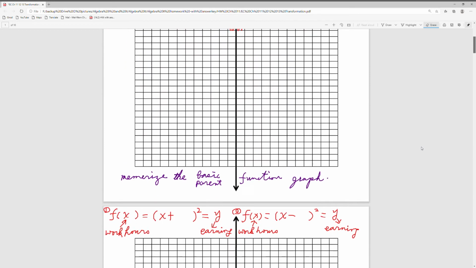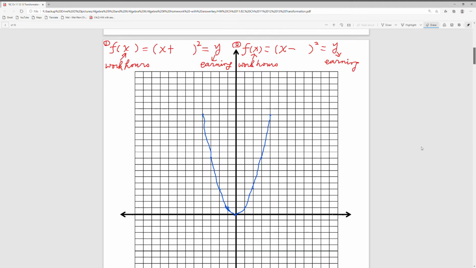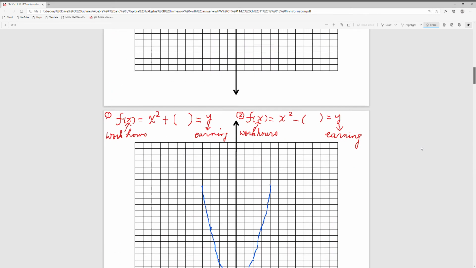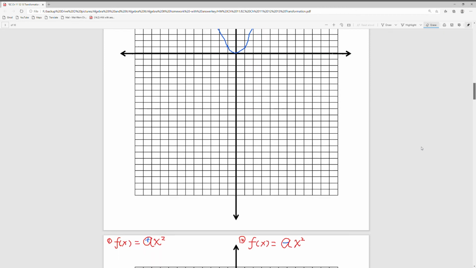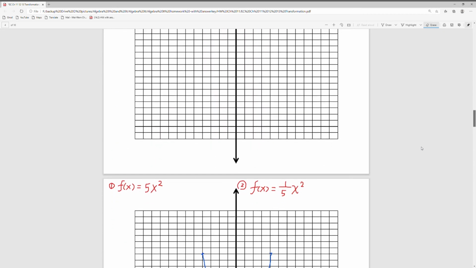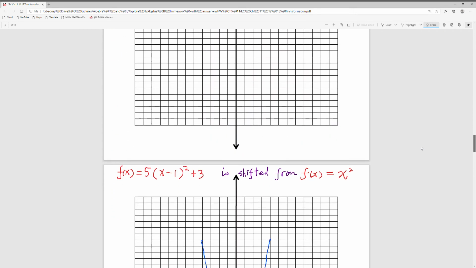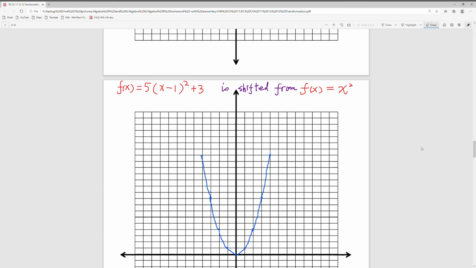Now, we are going to have a more complicated quadratic function, and in the end, we need to deal with h and k. The number x minus is h.